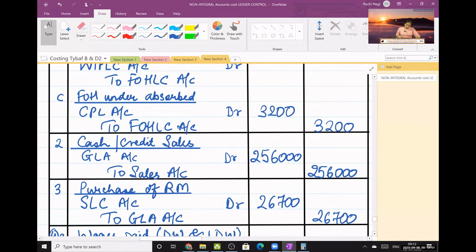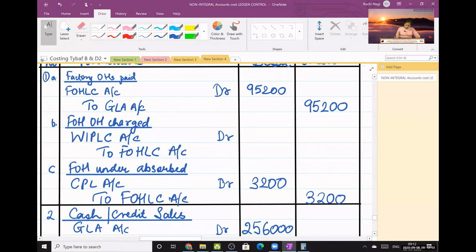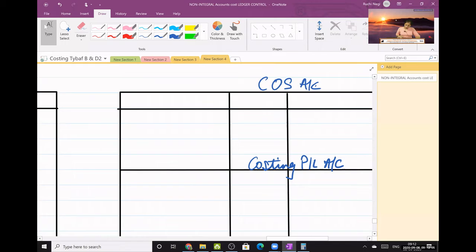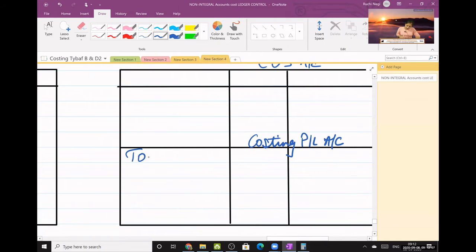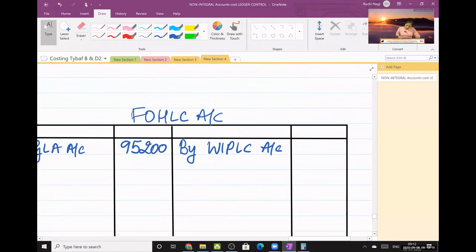Next, CPL to FOH, CPL to FOH, factory overheads ledger control account, 3200. Second effect, in FOH it will come by CPL 3200.